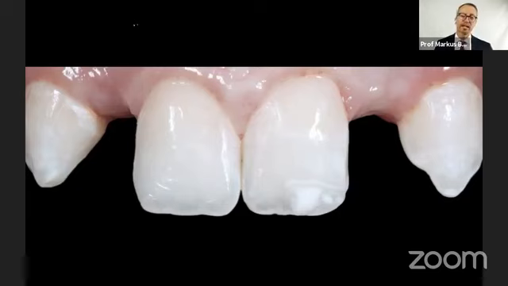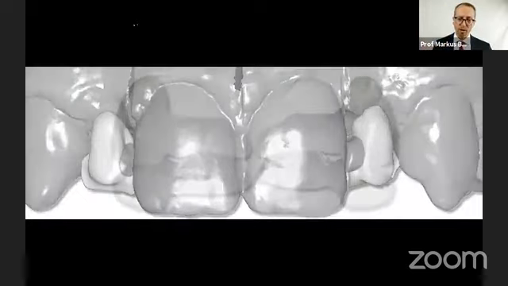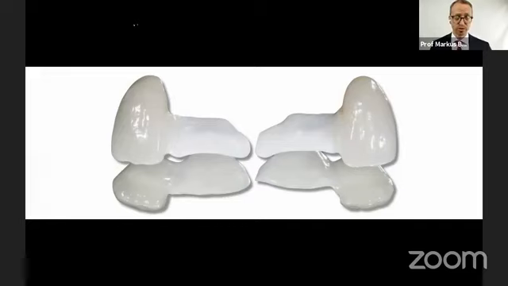A very nice, elegant way is a resin bonded bridge, but not made out of a metal framework, but out of a ceramic framework, a zirconia framework. We have done tons of these over many, many years, and it's very easy to do. You have a very slight preparation on the palatal aspect. If you understand how to do it, you can be very successful with it.